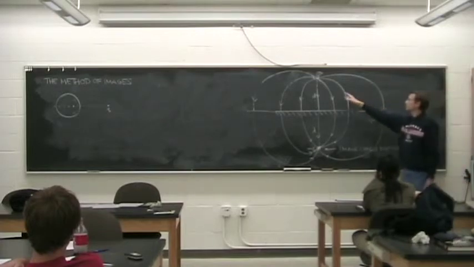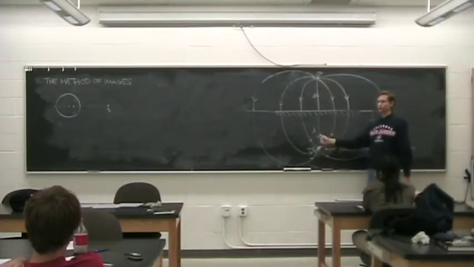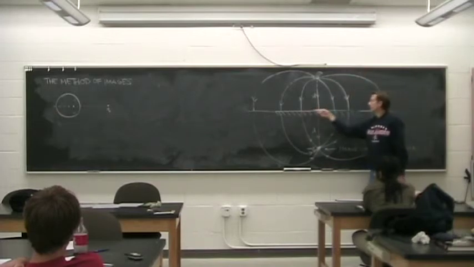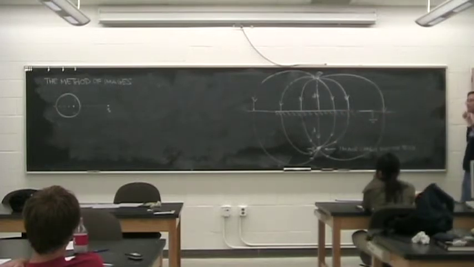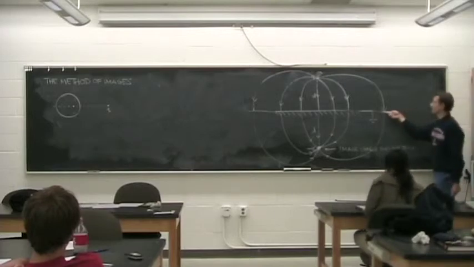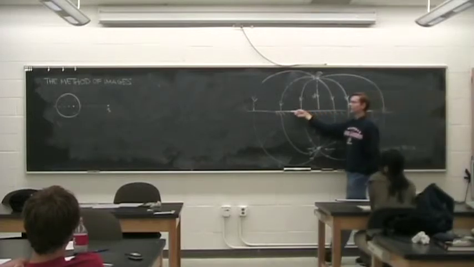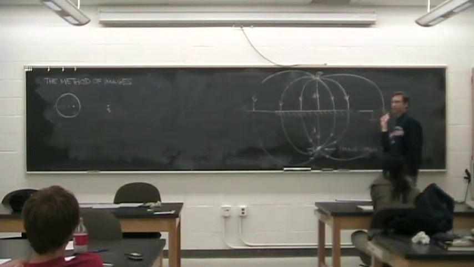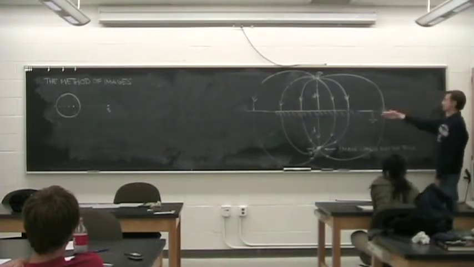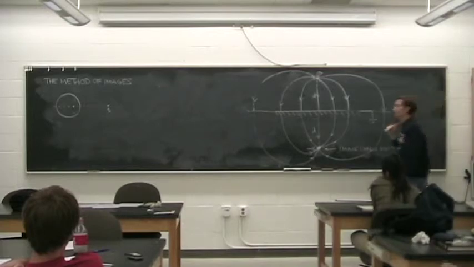Certainly the potential of this pair of point charges goes to 0 when you're infinitely far away from it. And it's a grounded plane, and certainly the potential is equal to 0 everywhere on the plane, because if it's 0 at infinity, and I come in along the plane, the electric field is always perpendicular to my motion, so therefore the line integral of the electric field is 0, so there's no potential difference between the plane and infinity.